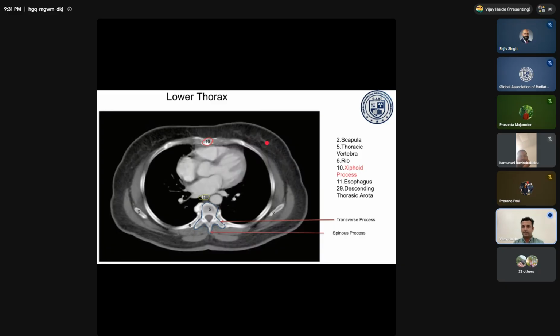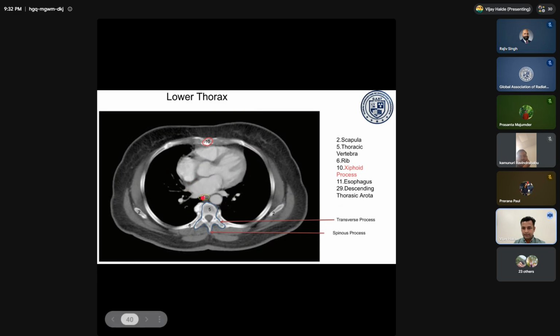So at the lower thoracic level, this is the transverse process of the spine, and this is the spinous process of the spine. In the sagittal image, we can match with the transverse process, and in the lateral image, we can match with the spinous process in a lateral view. In the axial image, we will match with the transverse process.